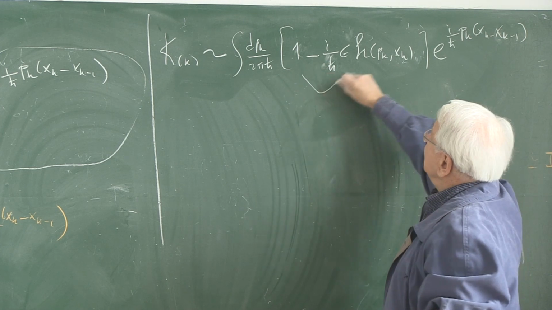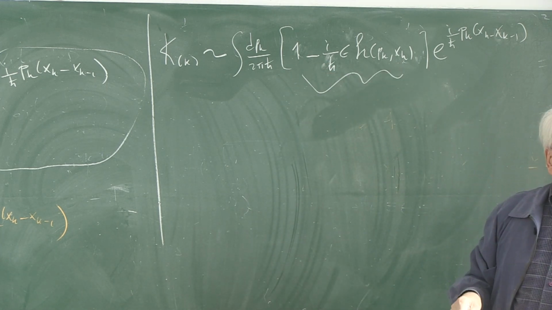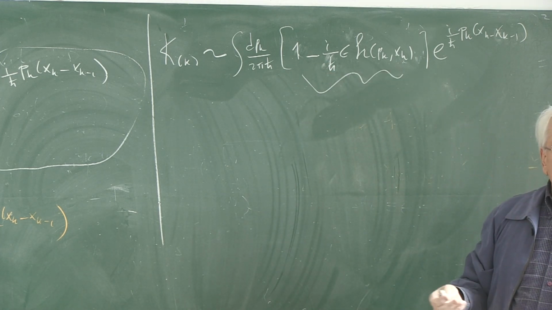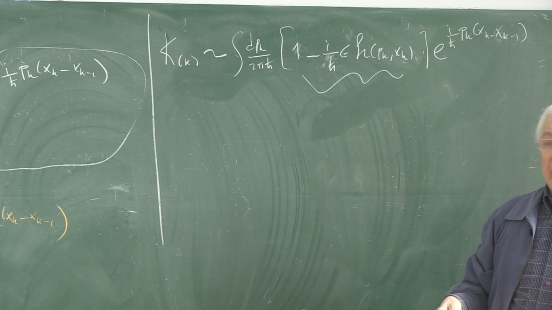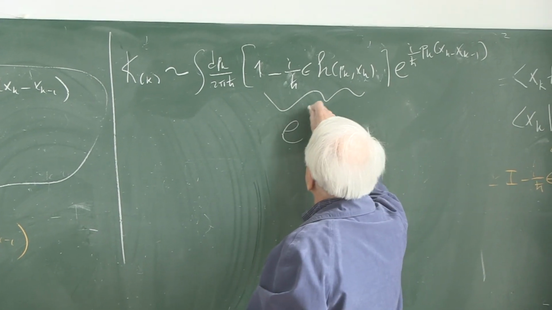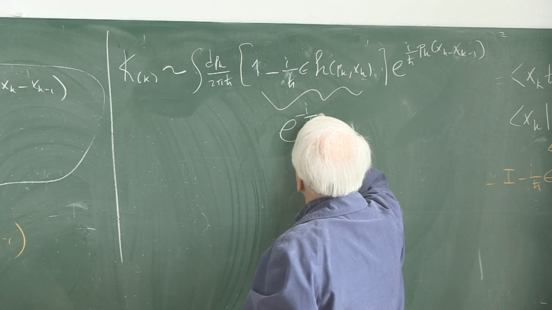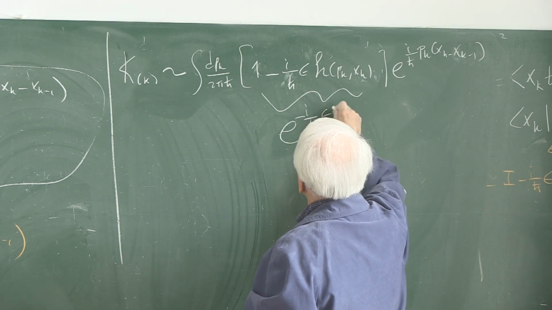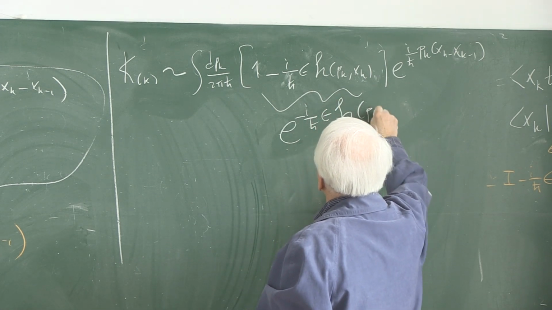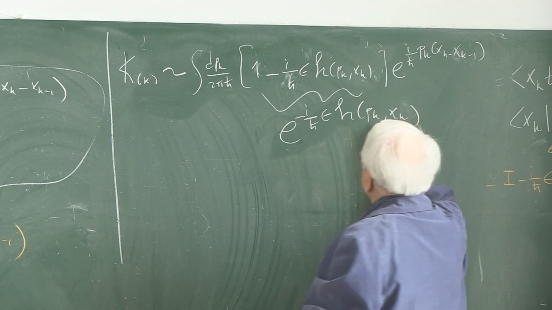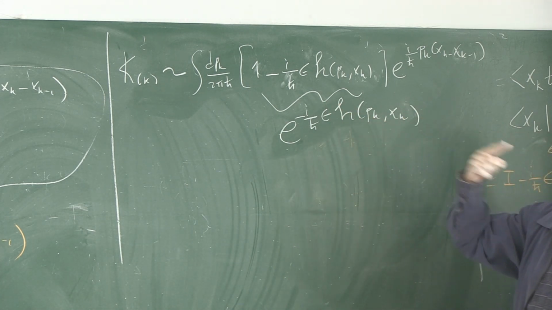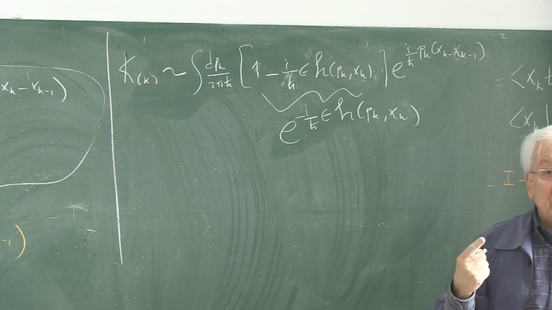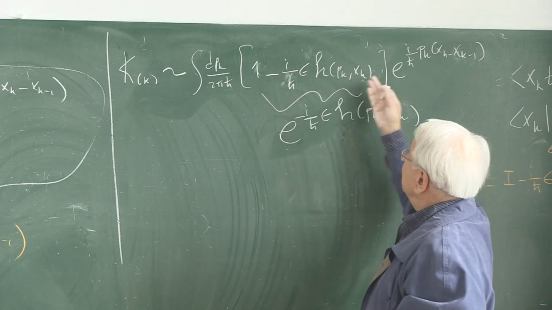Well, now you can resum. This is the infinitesimal version of the full expression. What if I go back to the full version? This is e to the minus i over h bar epsilon H of pk, xk. Keeping in mind that epsilon was infinitesimal, this was approximated as such.